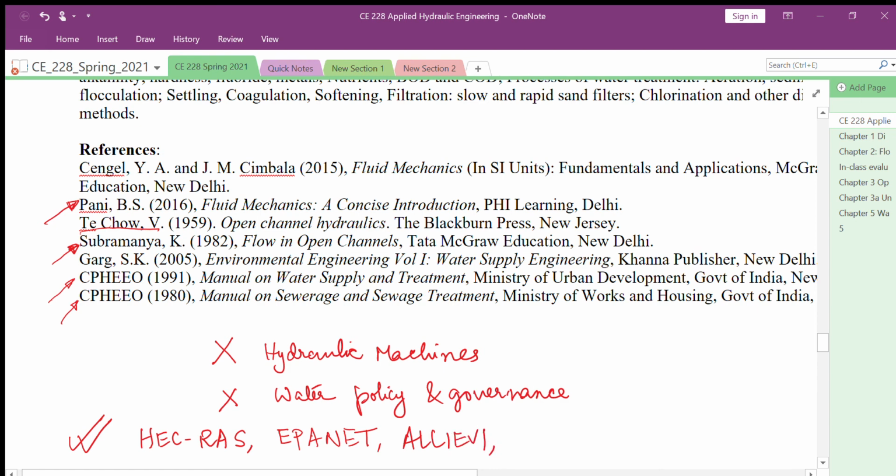Closely associated with EPANET is our own IIT Bombay product called Jal Tantra, which is sort of a water allocation cum demand analysis software, which is merged with EPANET. These two platforms can be merged together. So hopefully we'll talk a little bit about Jal Tantra also.